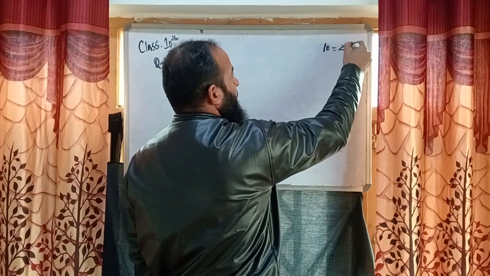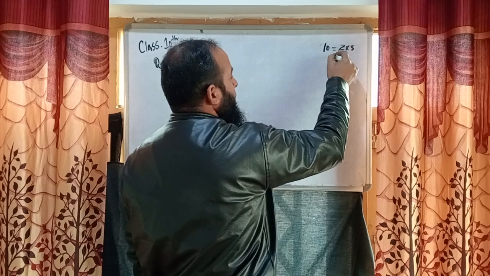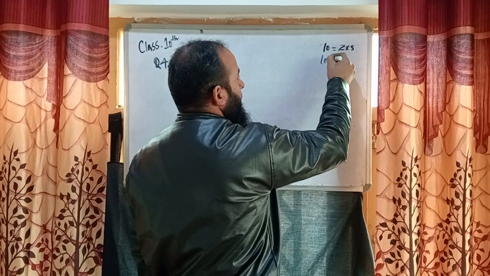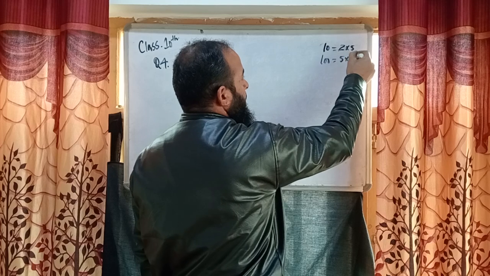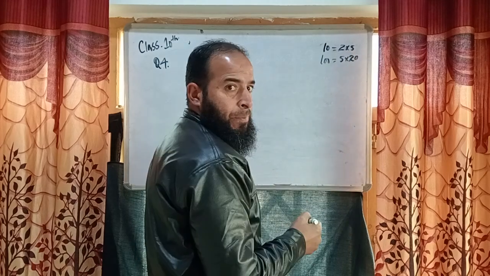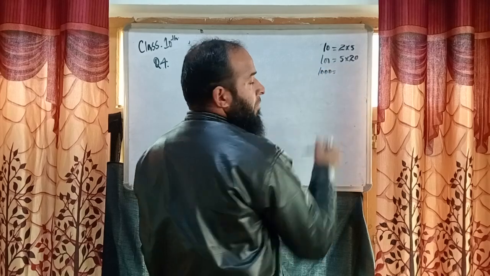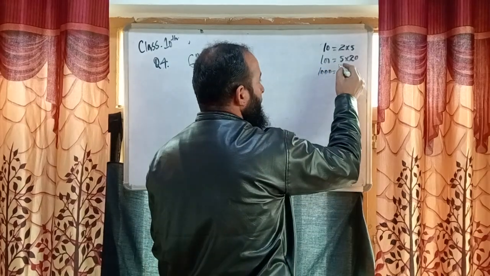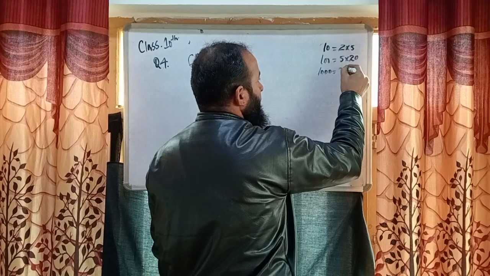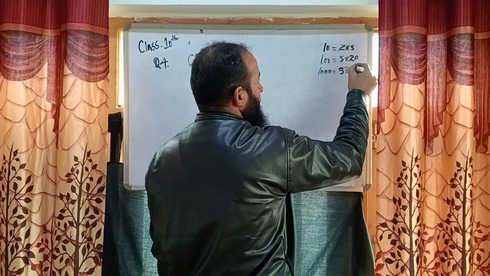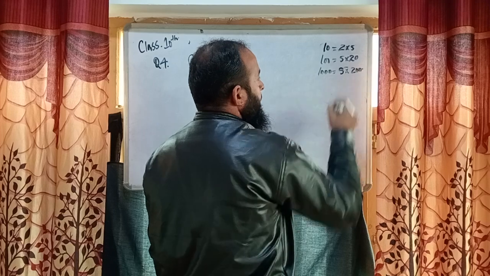It will be 2 into 5. We have 20, or we have 100. It will be 5 into 20. We have 10,000, or we have 1,000. 1,000 will be 5 into 200.